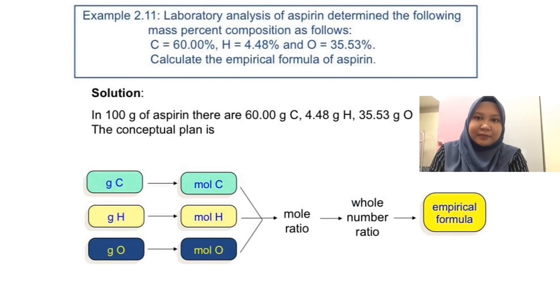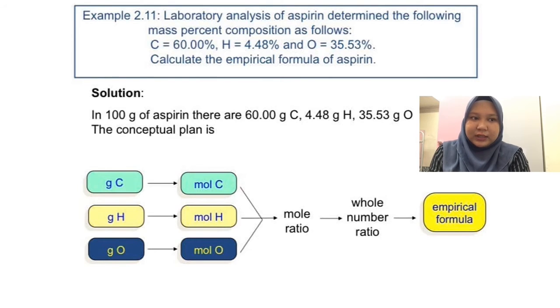For example 2.11, laboratory analysis of aspirin determined the following mass percent composition: carbon 60%, hydrogen 4.48%, and oxygen 35.53%. Calculate the empirical formula of aspirin. Solution: in 100 grams of aspirin, there are 60 grams carbon, 4.48 grams hydrogen, 35.53 grams oxygen.